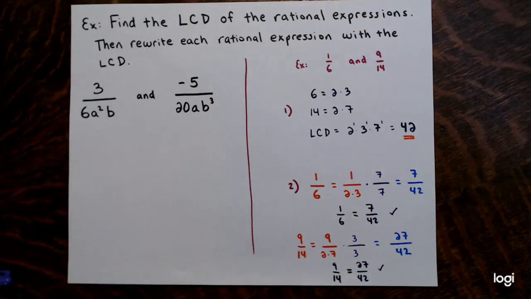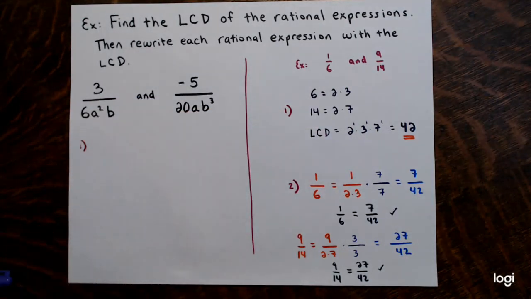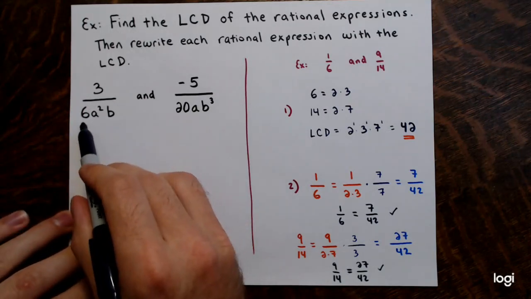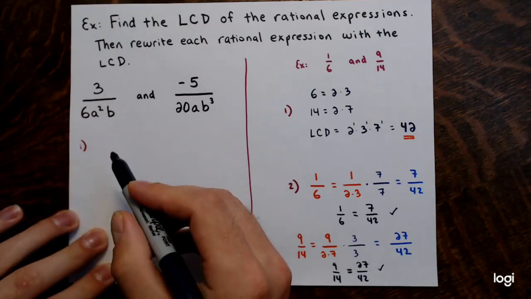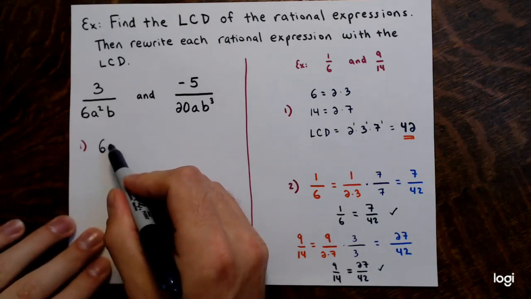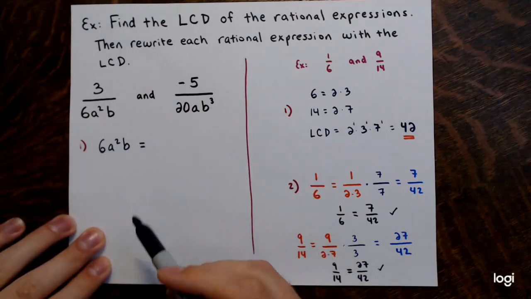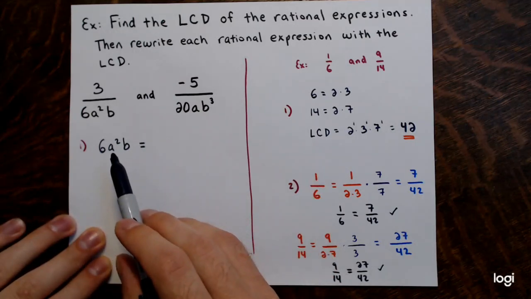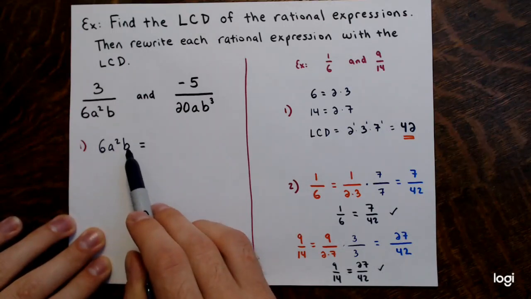I'm going to first find the LCD. So part 1, I'm going to factor each denominator. Again, just focused on denominators, because it's the least common denominator. So I'm going to take my 6a squared b and break that up completely. Now, I've mentioned in previous videos, we're going to treat factors with variables as primes.